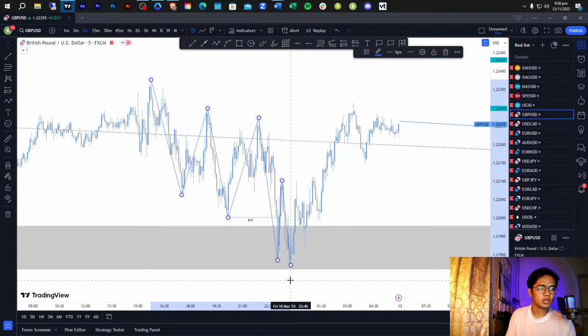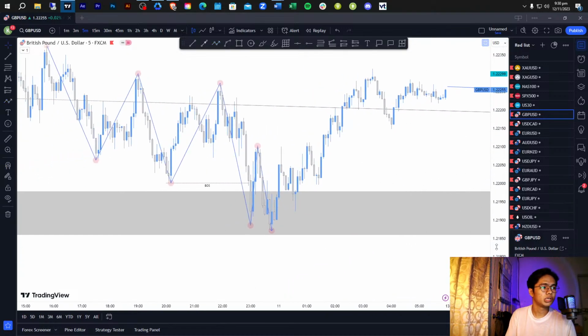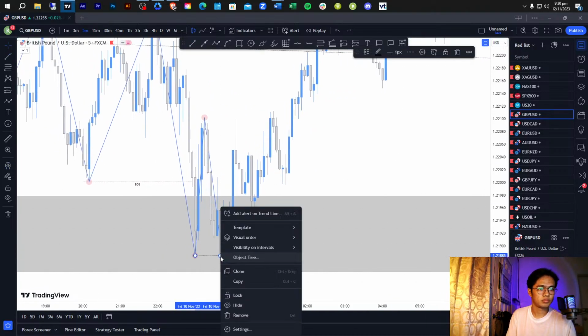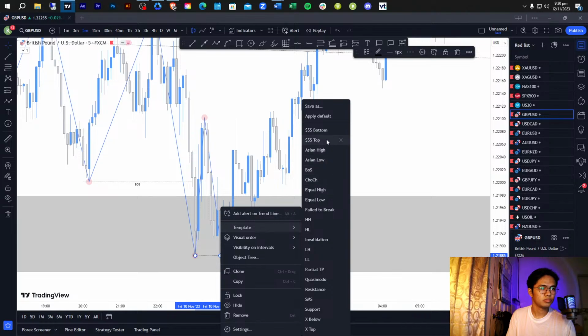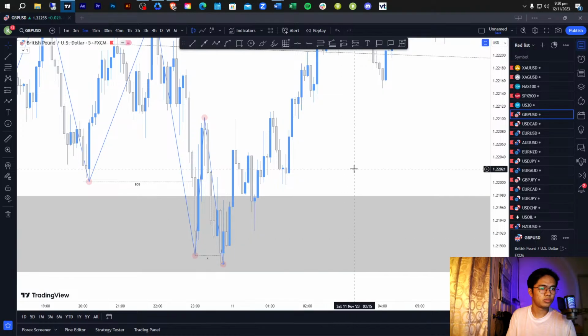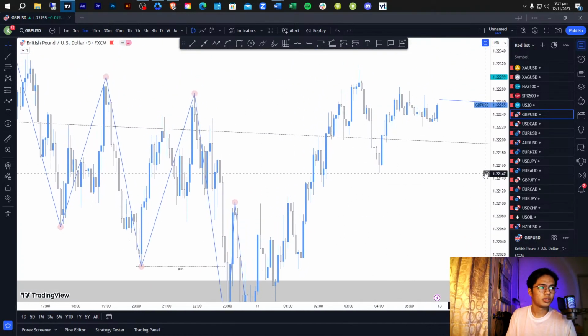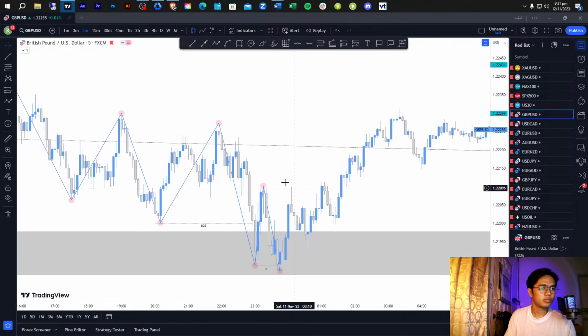Then we can see here that there's a liquidity grab right here, LG below. Then there's a break of structure right here, and then we have this change of character right here.